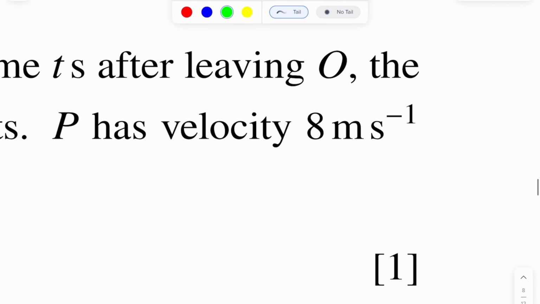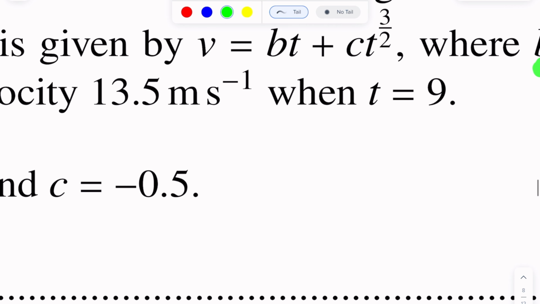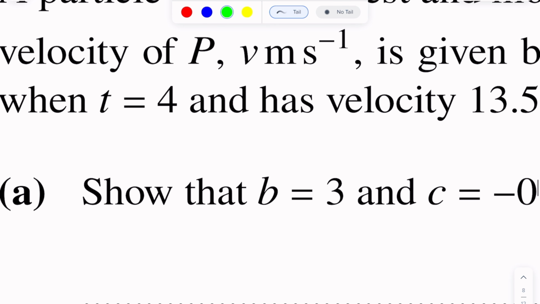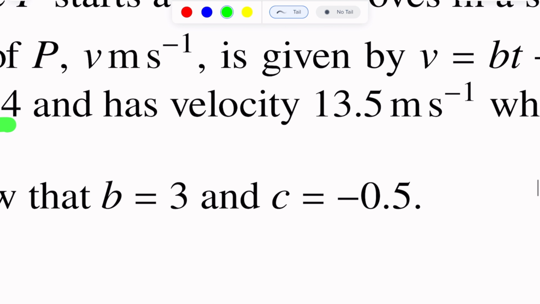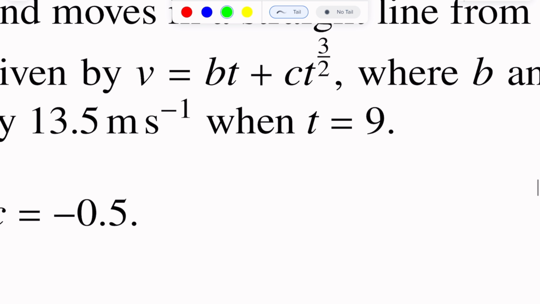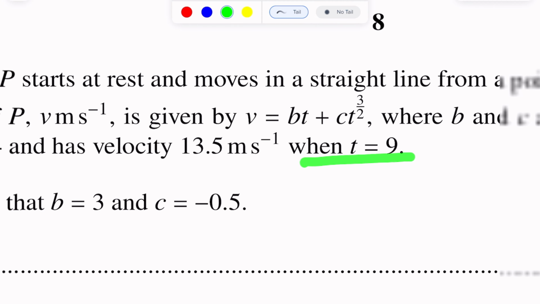P has velocity 8 meters per second when t is equal to 4, and has velocity 13.5 meters per second when t is equal to 9.